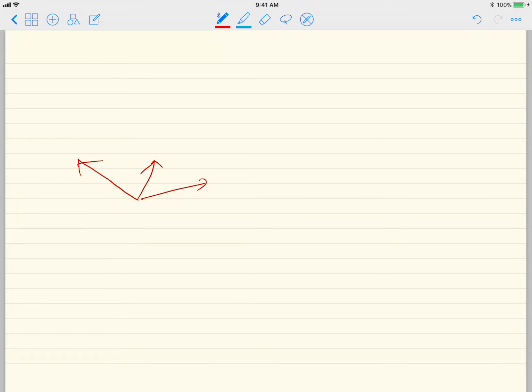For the same plane, only these two can already fully span this given plane, but we have another redundant, or superfluous, vector over here.